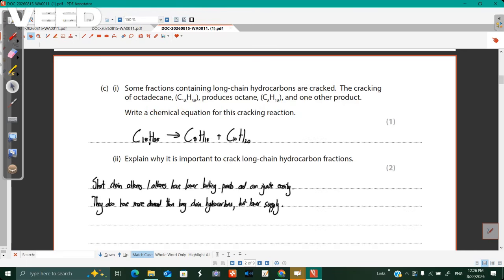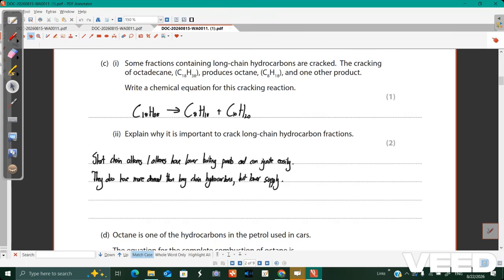Cracking of octadecane produces octane and one other product. The remaining carbon and hydrogen can be placed there. Now this one is an alkane, so the remaining one must be an alkene, because cracking is done to produce alkenes.